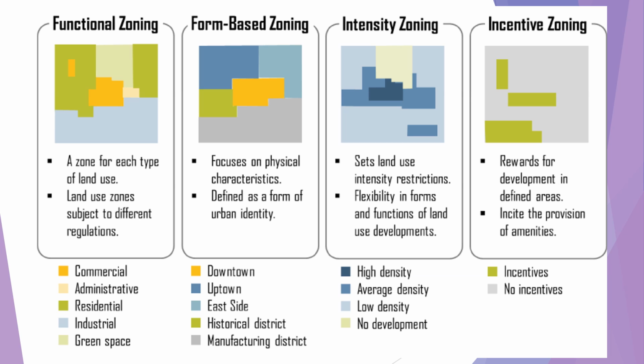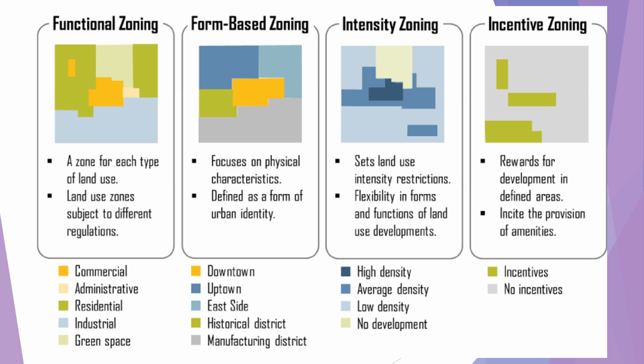But you can also have zoning based on form. So you have a downtown area, you have a historical district, you have a manufacturing district. So you might get mixed development, but the kind of theme, the flavour of each area is still quite well defined and guides the kind of appropriateness of the development.